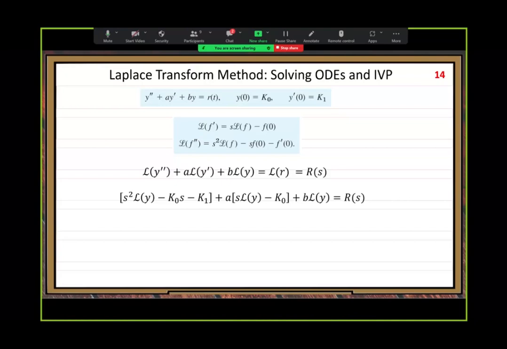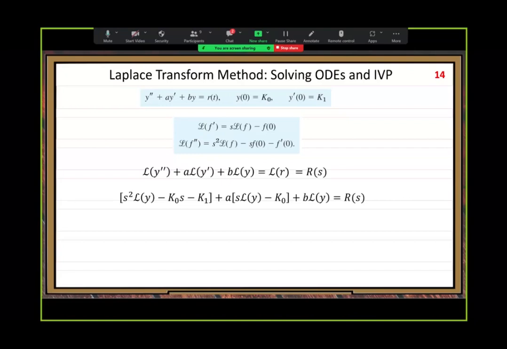That's the double prime term. For the single prime term with coefficient A, we apply the first derivative formula: s times the Laplace transform, and only use the first initial condition here. So we plug in in a straightforward way. This is an algebraic equation.